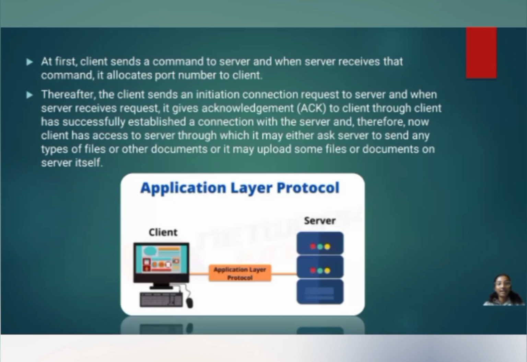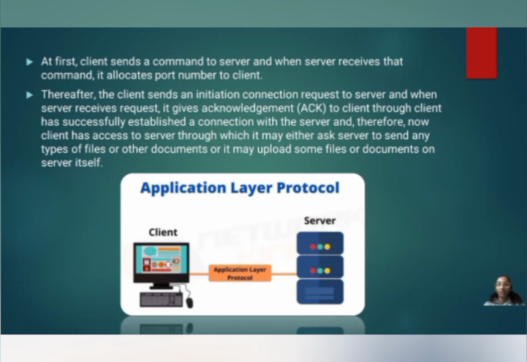At first, the client sends a command to the server, and then the server receives that command. It allocates a port number to the client. Thereafter, the client sends an invitation connection request to the server, and when the server receives the request, it gives an acknowledgement. This is denoted as ACK.